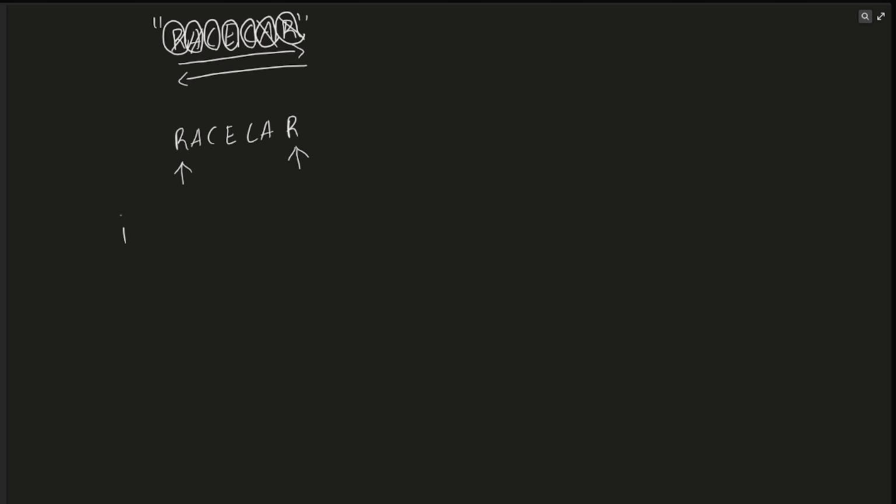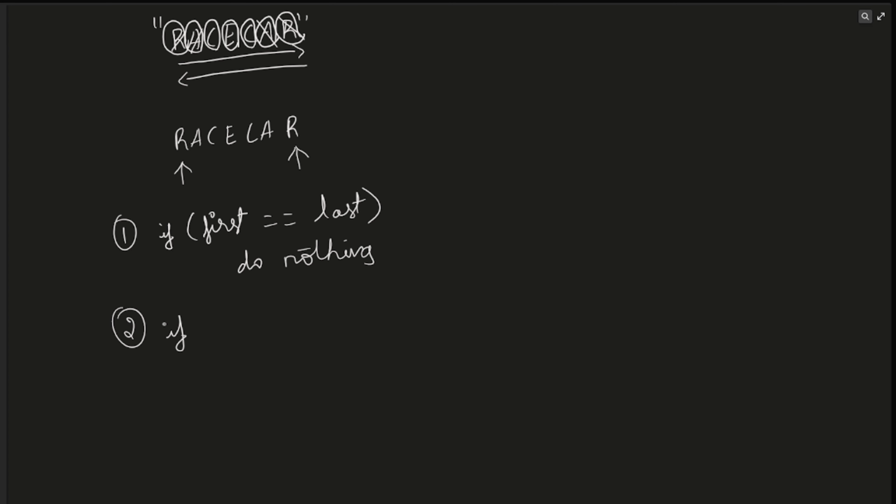And the first check we need to make is if first equals last, do nothing. And the second condition is if first is not equal to last, we can directly return false.